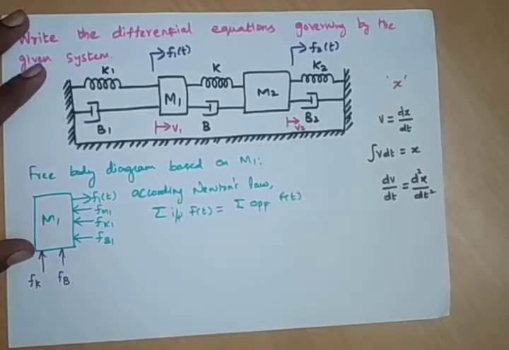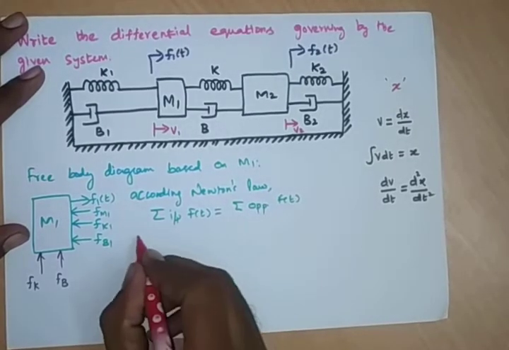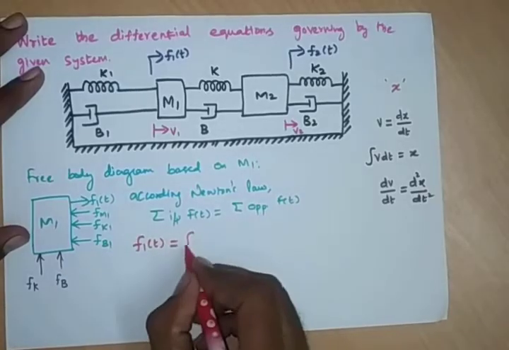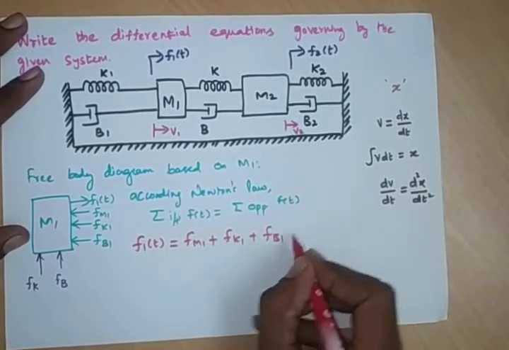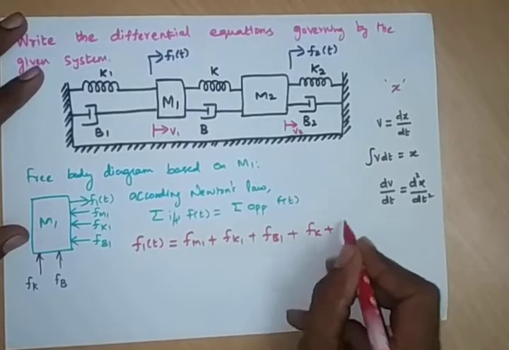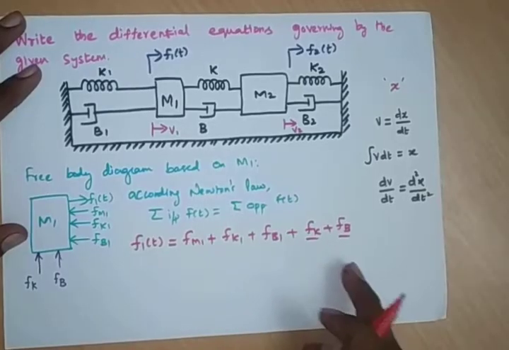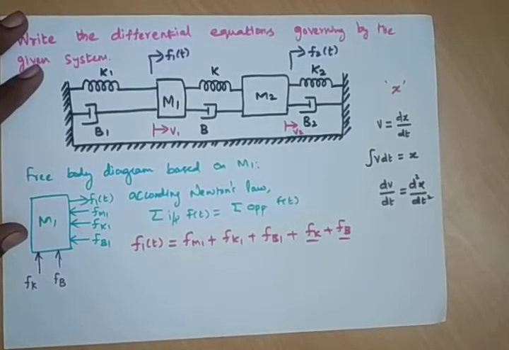So we can write the equation like this: F1 of t is equal to Fm1 plus Fk1 plus Fb1 plus Fk plus Fb. These are double end elements, so kindly mention them with a different kind of notation.